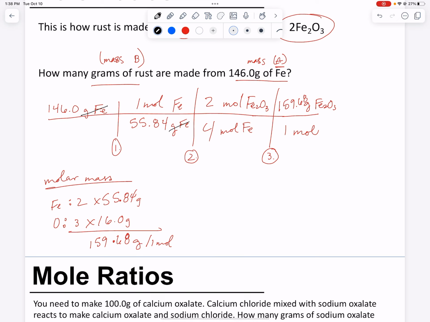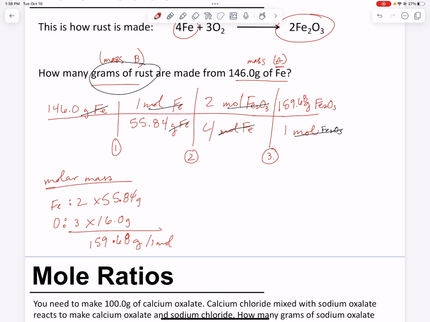Grams of iron cancel. Moles of iron cancel. Moles of rust cancel. And we're going to be left with grams of rust, which is what our question is asking. So we'll do 146 divided by 55.84 times 2. Oops.